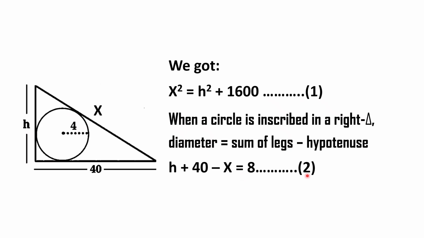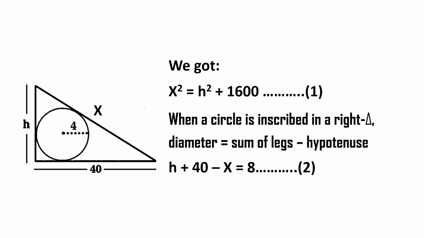That is equation 2. Equation 1 is x square equal to h square plus 1600 from the Pythagorean rule, and equation 2 is h plus 40 minus x equal to 8 from the inscribed circle rule.